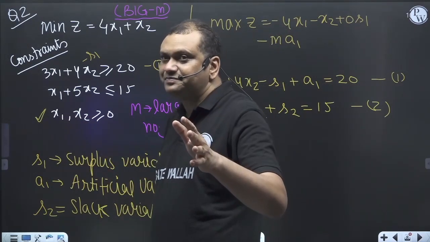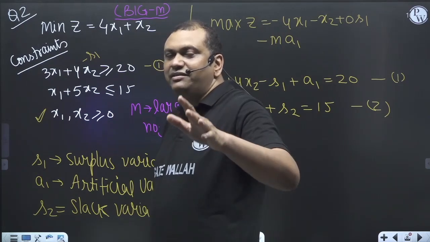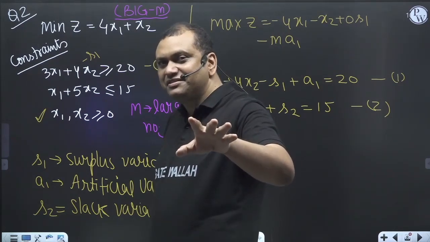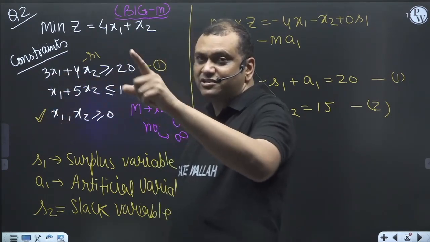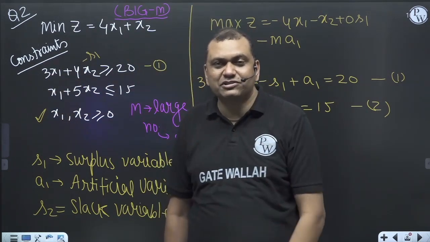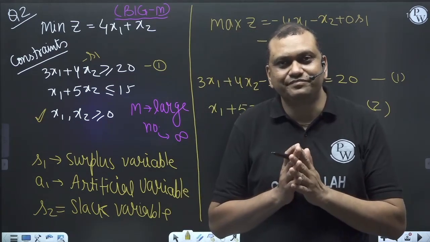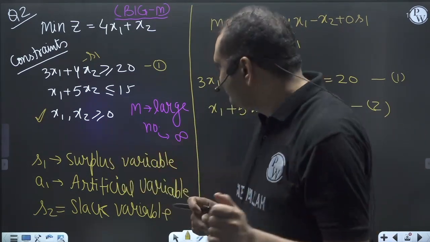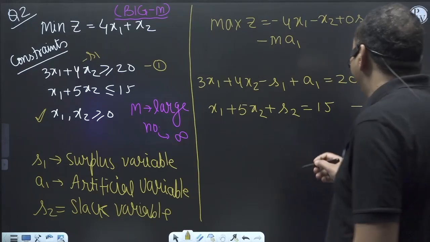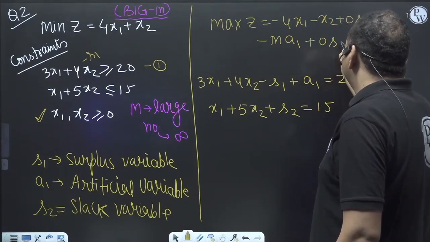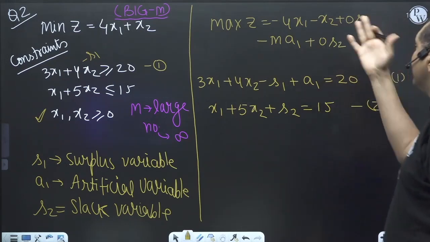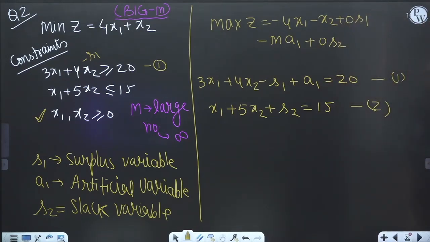This tells you that my solution matrix is in the first quadrant. Of course, the coefficient of the slack variable will be 0 in the objective function.